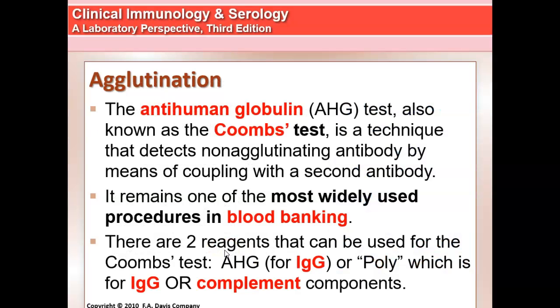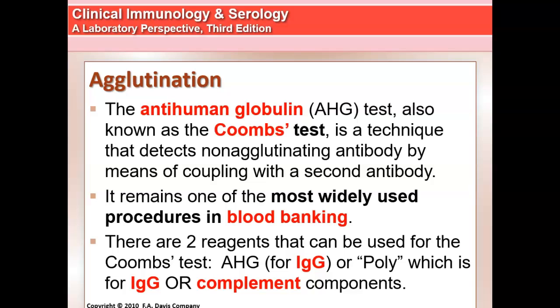The anti-human globulin test, also known as the Coombs test, is a technique that detects non-agglutinating antibody by means of coupling with a second antibody. So what we're looking for is an antibody to our antibody. That is what we use to look for unexpected antibodies. There are two reagents that can be used for the Coombs test.